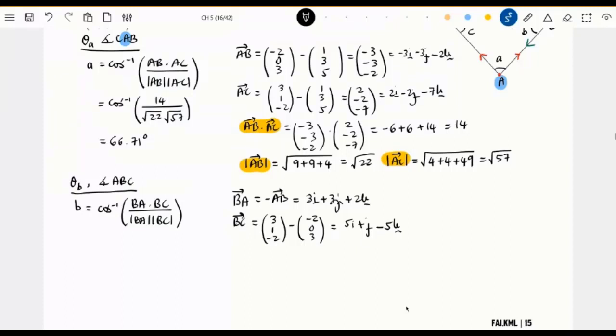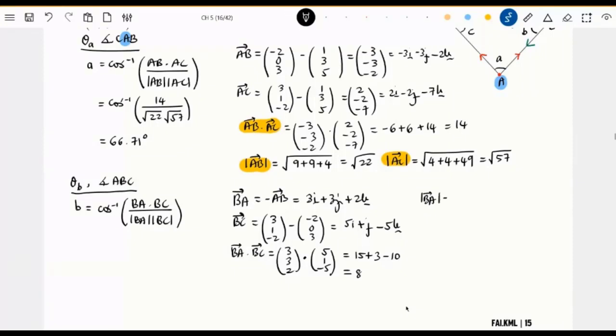Alright, so BA done, BC done. So we find the dot product first. So it will be 3, 3, 2 dot 5, 1, -5. Okay, dot product kita dapat berapa? 15 plus 3 minus 10. Akan dapat 8.